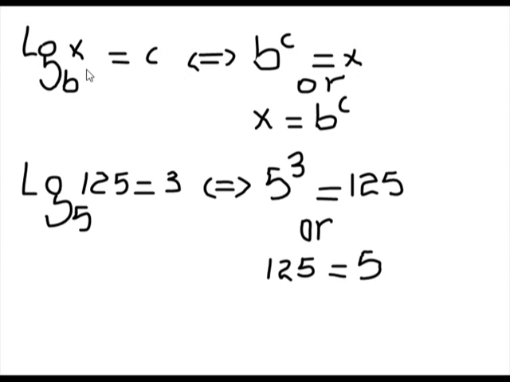So again, when I compute log base b of x, I'm asking to what power do I need to raise b in order to get x. I need to raise b to the power of c in order to get x. So b to the power of c equals x, or x equals b to the power of c.